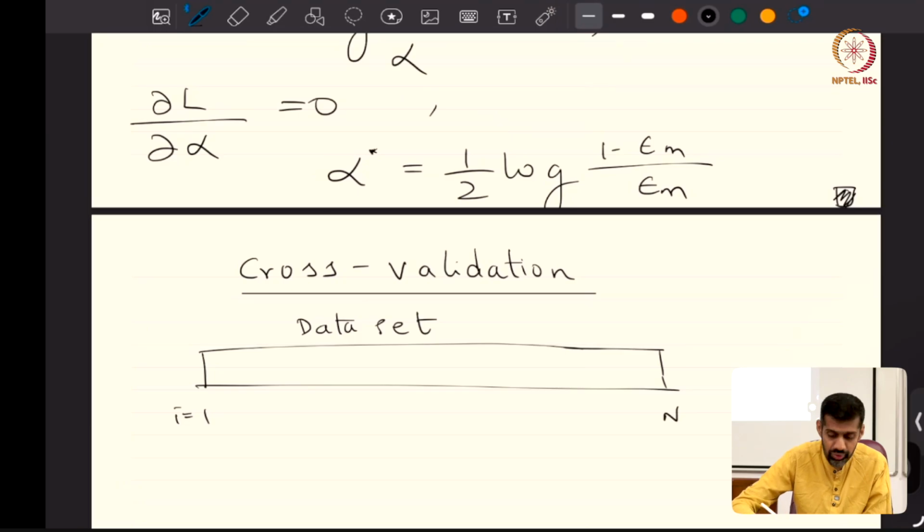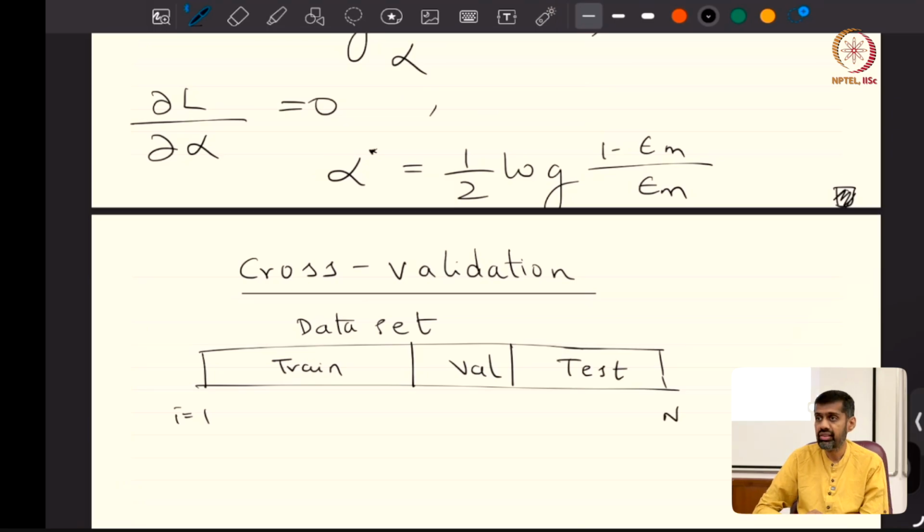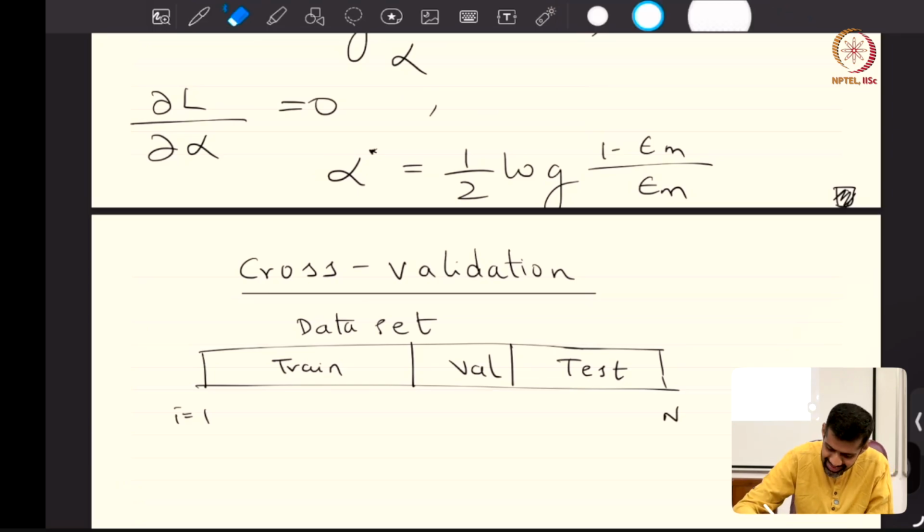Typically we split this as train, validation and test, and we train our algorithm on training data set.